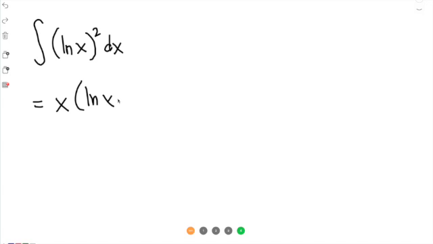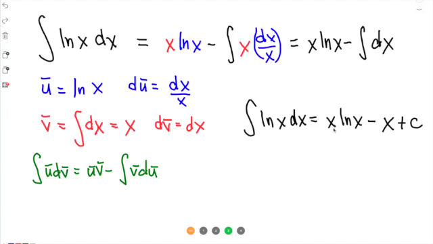The integral of ln x dx we found to be x ln x minus x plus c. Let us call this c1.